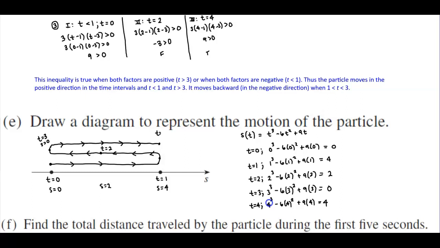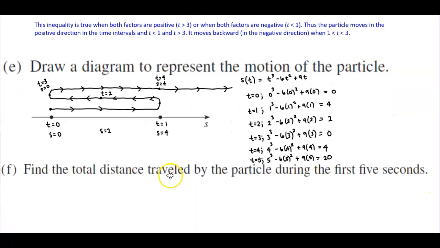When t is equal to 4, the value of s is 4. Let's see what happens at t equal to 5. If we put in 5 cubed minus 6 times 5 squared plus 9 times 5, that gives us 20. So it continues in this direction, and when t is equal to 5, the position is at 20.